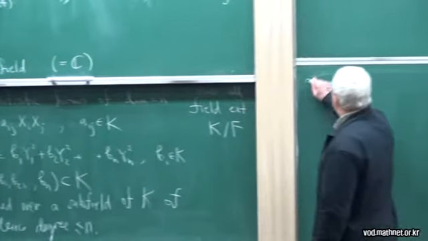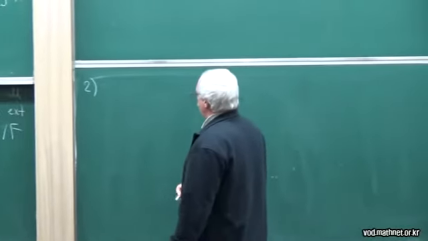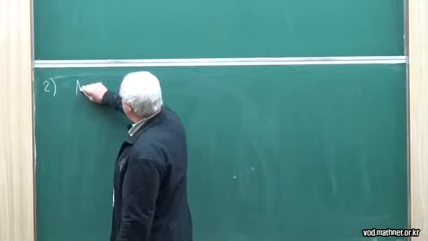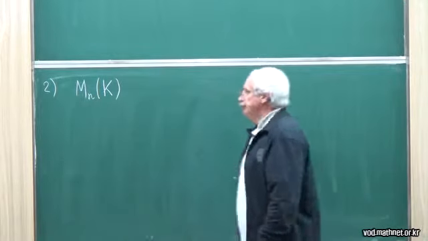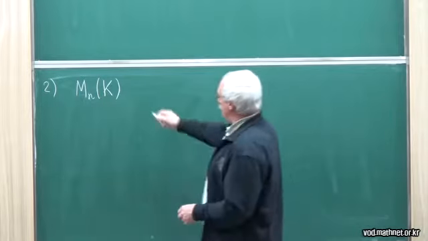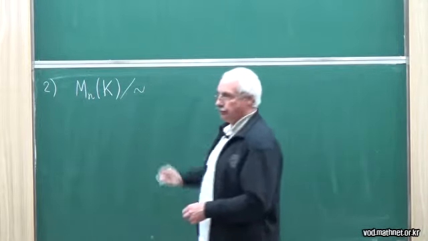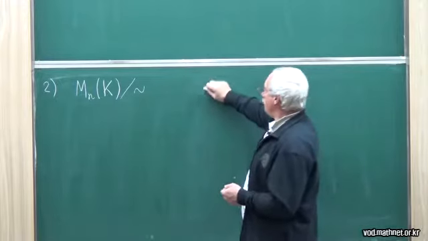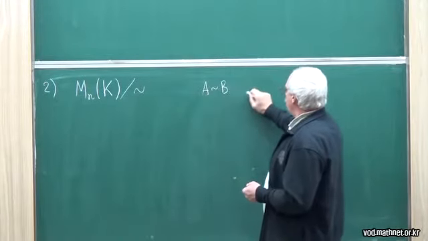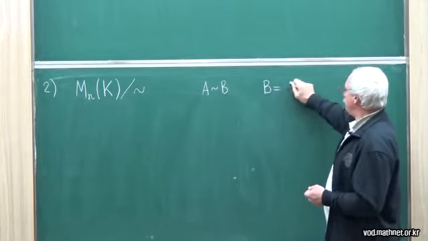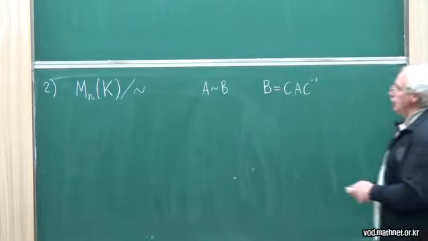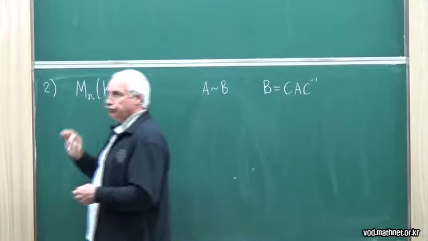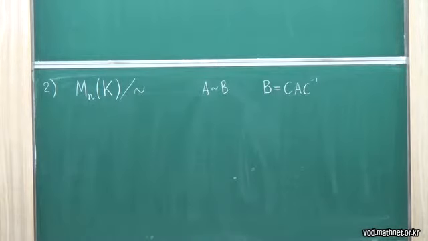Second, we look at matrices over a field K, n by n is fixed, modulo the similarity relation given by conjugation. The two matrices are similar if each of them is the conjugate of the other for some invertible C. It is the same as the set of all operators on the vector space of dimension n up to isomorphism.